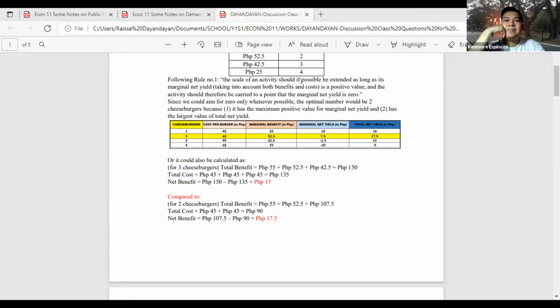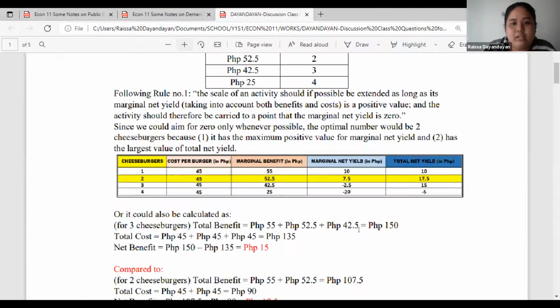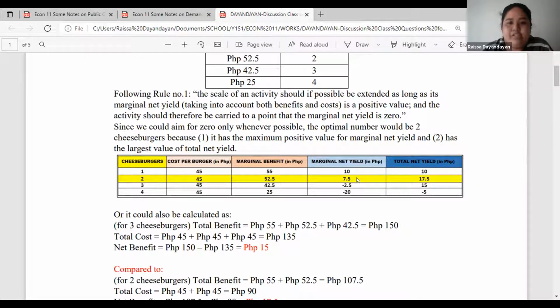Yes. So when I tried it, the most positive value of the marginal net yield is at 2 cheeseburgers, 7.5. Then at 3 cheeseburgers, it became negative 2.5. So, based on rule number 1, that we must keep the marginal net yield at a positive value, or zero whenever possible, the optimal value is 2 cheeseburgers.